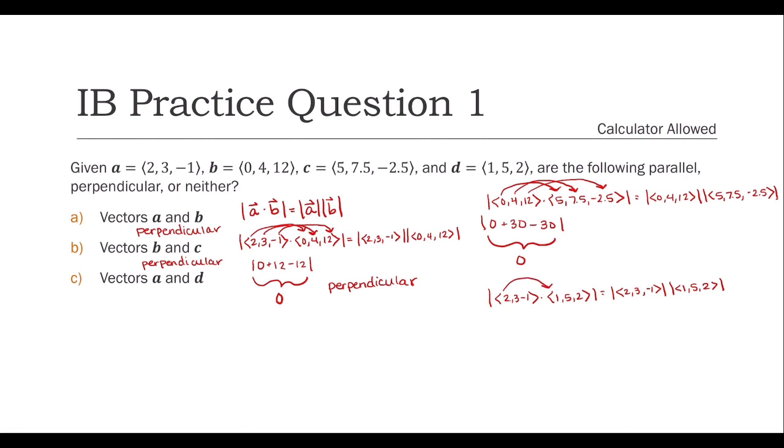So this will equal 2 plus 15 minus 2, equals the square root of 2 squared plus 3 squared plus -1 squared, times the square root of 1 squared plus 5 squared plus 2 squared. So our dot product over here is going to be 15. Since this dot product wasn't 0, we know they're not perpendicular.